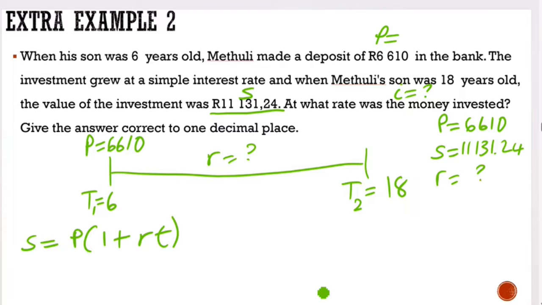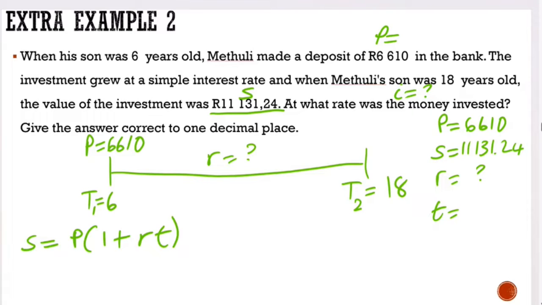That's what you are asked to find. Do you know your T? We need to see whether we are supposed to calculate using simultaneous equations or just single equations. But we are given time. It is implicitly given. The son is 18 now, and the son was 6 when this thing started. So how many years was this invested? It is 18 minus 6.